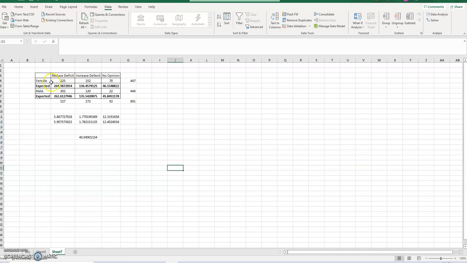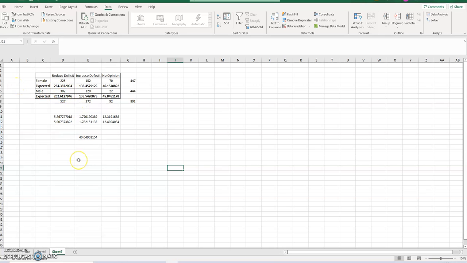This is not the actual data that's in the book, but what I want to do is quickly demonstrate this, and then you can go ahead and do it in Excel. So you have, let's see, 447 females. You have 444, again fictitious, males. Let's say 225 want to reduce, 150 want to increase the deficit, 70 have no opinion, and so forth. So this is the data that you would see.